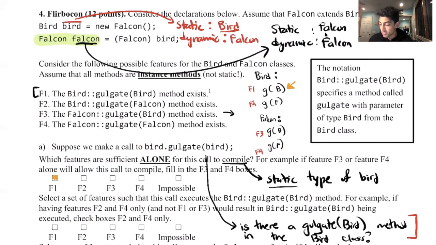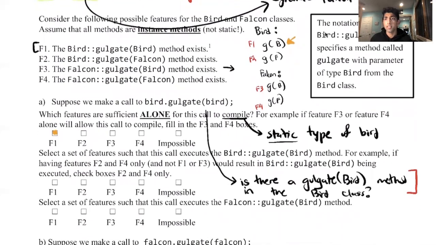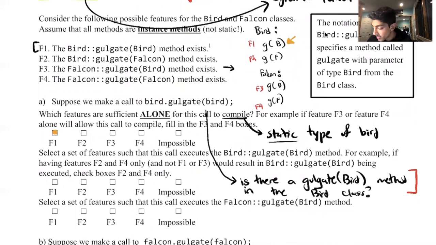Okay, so the next part is actually a continuation of the previous question. Select a set of features such that this call executes the Bird gulgate(bird) method. And this method is precisely the method we chose in the previous part that would get executed when this is called.